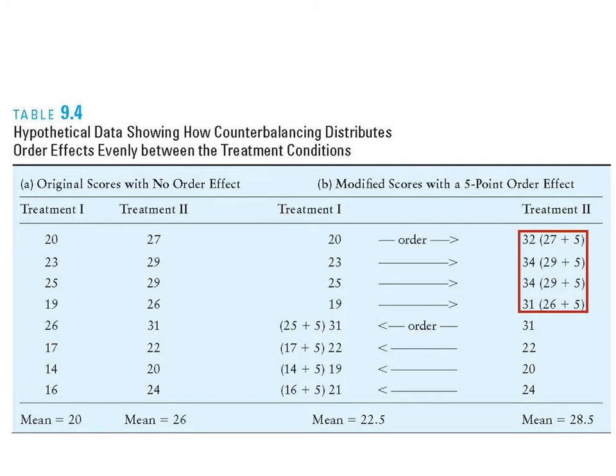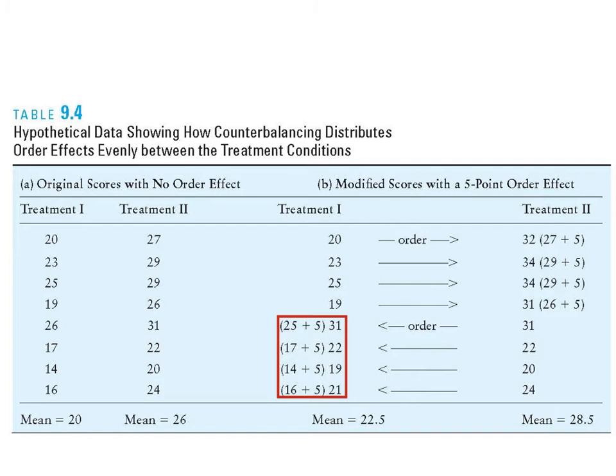So if you look here, we'll see that treatment 2 gets those 5-point order effects because it's the one that went second. It gets those practice effects. You got better, you answered 5 more questions correctly. Whereas in this other order, treatment 1 gets that 5-point practice effect. And we just got better, right? And so we'll still see that same difference in the mean.